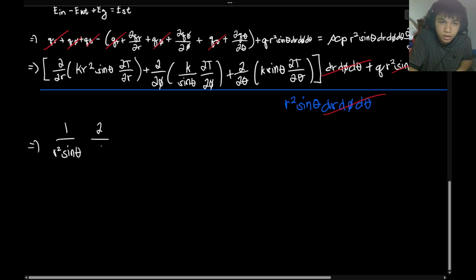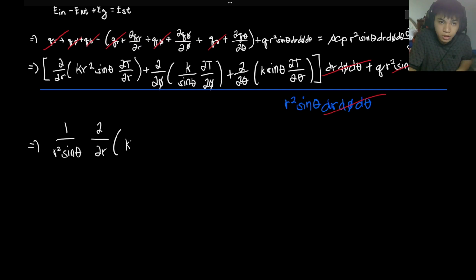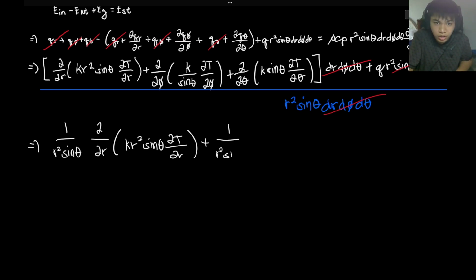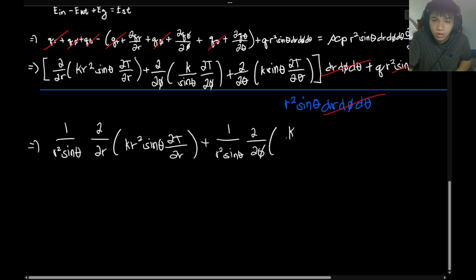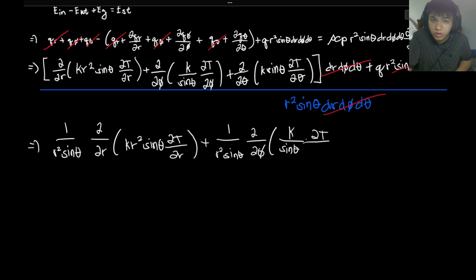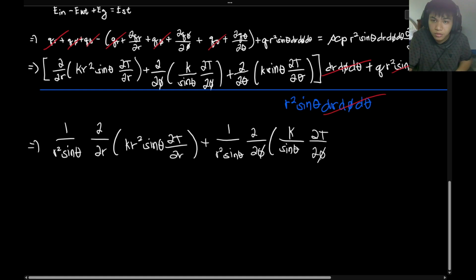So, I have the partial derivative with respect to r, right? And then, inside, k r squared sine theta dr. And then, plus, again, we're just distributing 1 over r squared sine theta. And now we have the partial derivative of phi, then over k over sine theta, and then partial derivative with respect to phi, right?